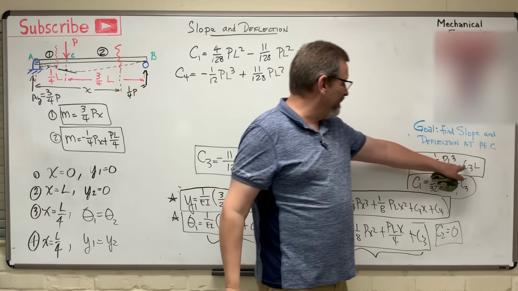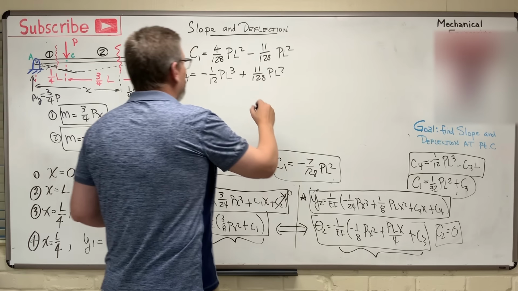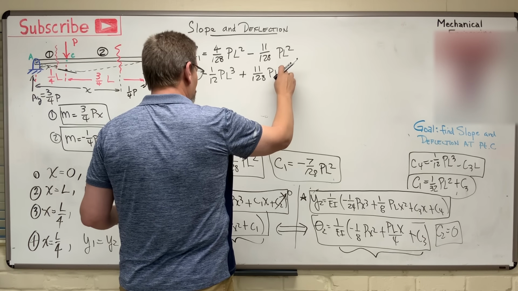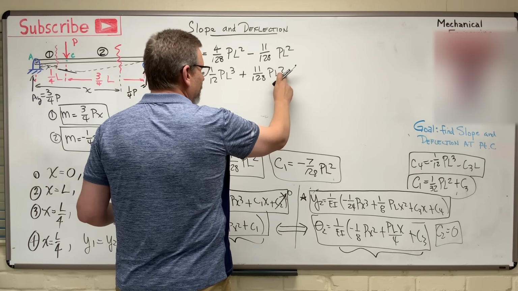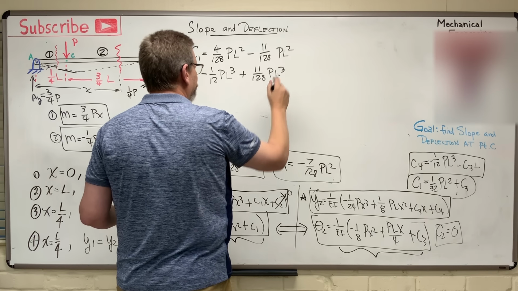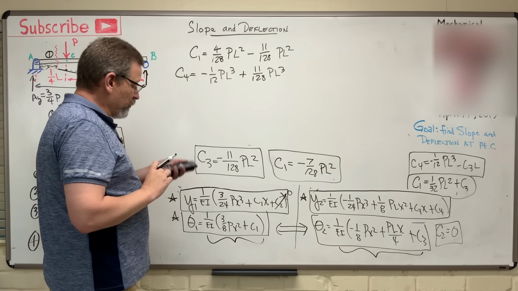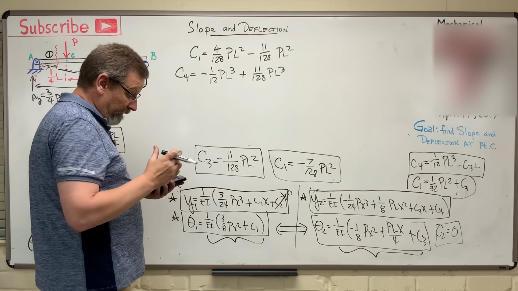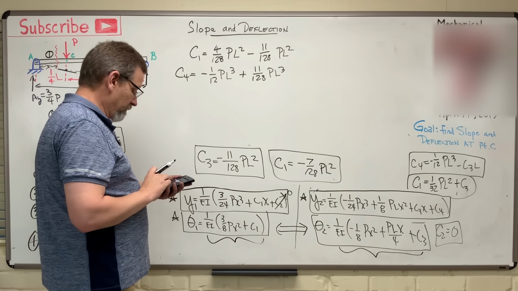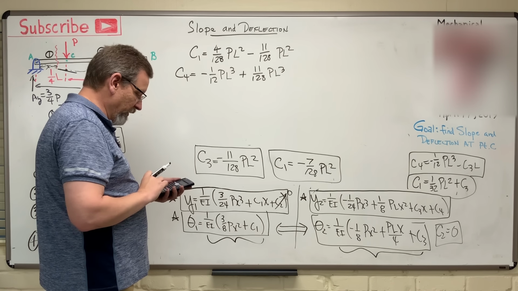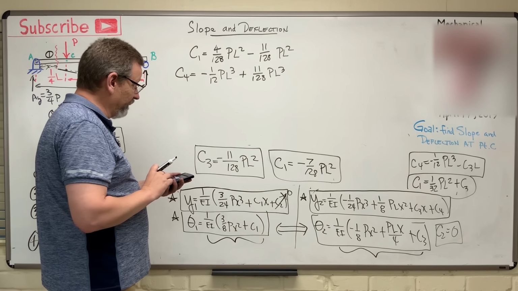That's C3, but then I've got to multiply it by L, which is going to make this into a cube. So we know a common denominator for that is 1536. Well, 128 times 12 is 1536.